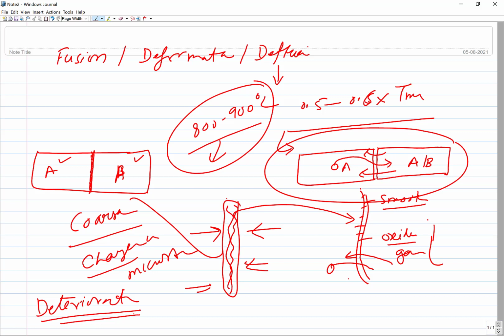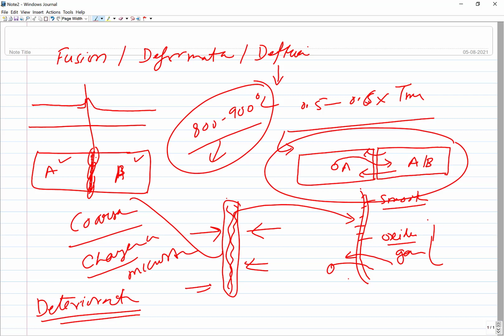So if I typically try to draw the hardness distribution across the interface, then in case of the perfect joint, certainly there will be a minor peak in the interface zone like this, and this is primarily attributed to the micro level deformation that will be occurring.